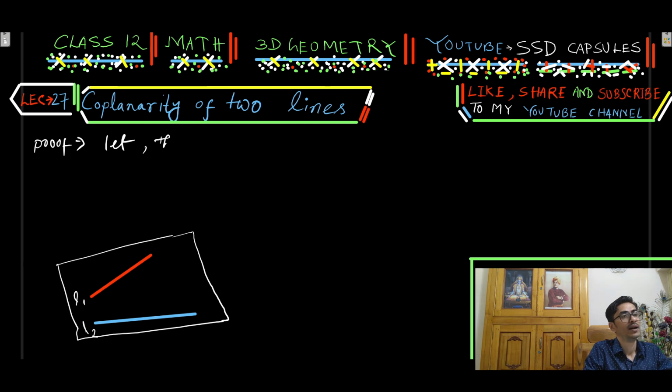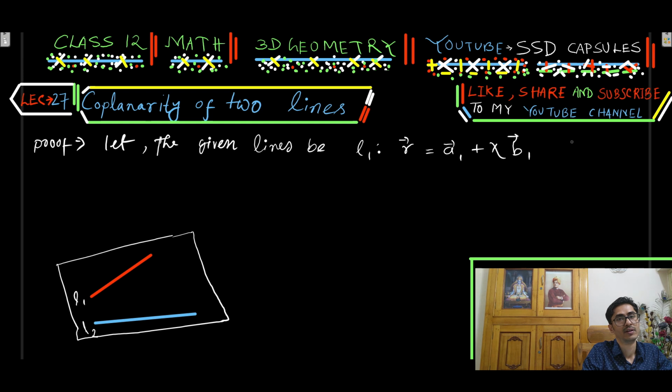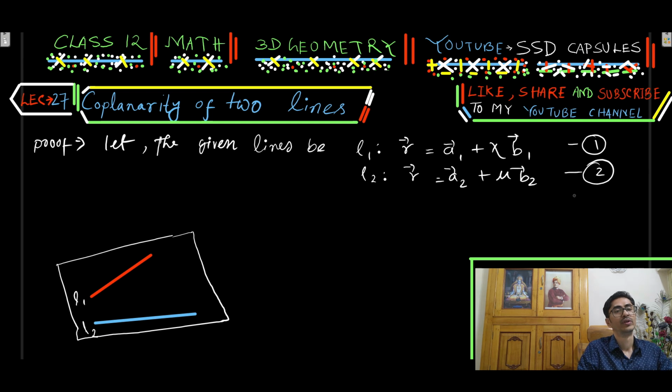Let the given lines be L1: r vector equal to A1 vector plus lambda times B1 vector, equation 1, and L2: r vector equal to A2 vector plus mu times B2 vector, equation 2.